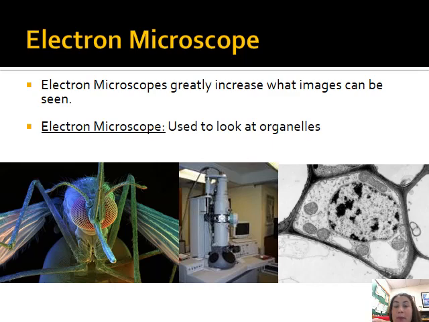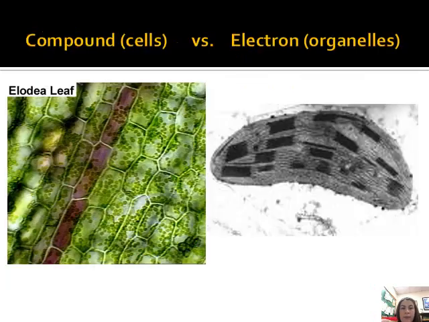So with the electron microscope, we are now able to see the details of the organelles. So compound microscopes are going to be used to analyze details of cells. Electron microscopes are going to greatly increase the magnification and allow us to study the details of organelles.